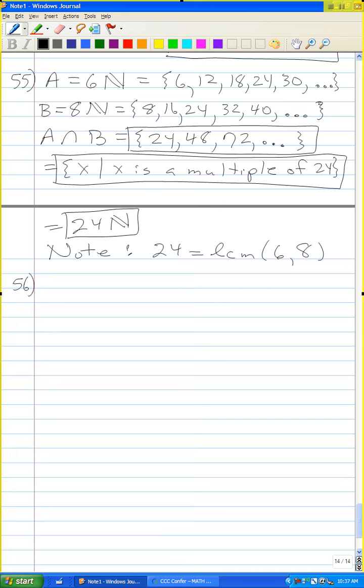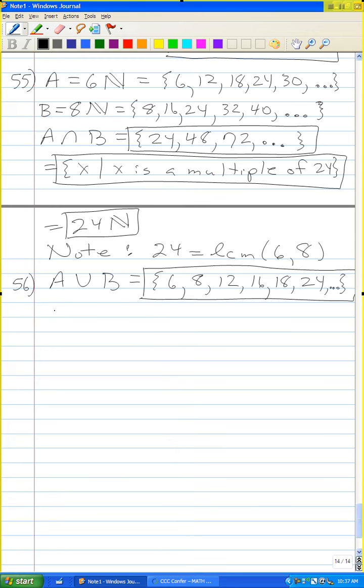56. A union B. Well, that's just going to be 6, 8, 12, 16, 18, 24, etc. The set of all x such that x is a multiple of either 6 or 8.